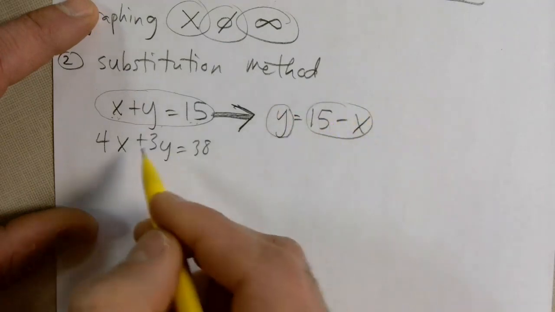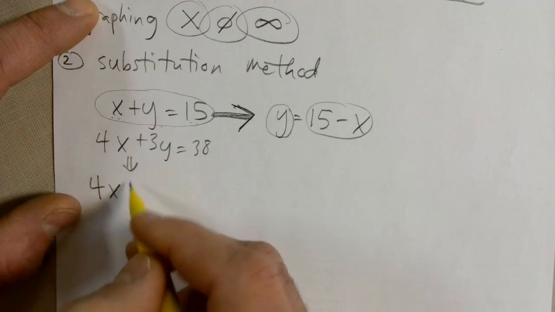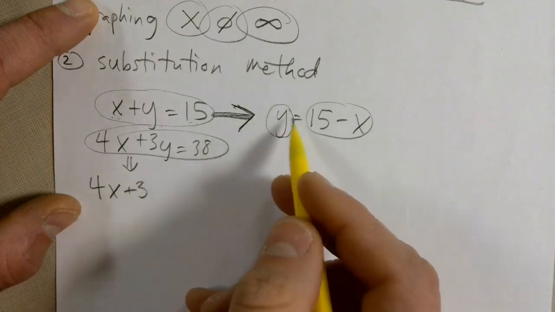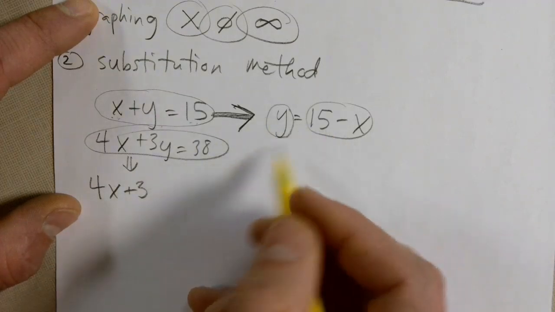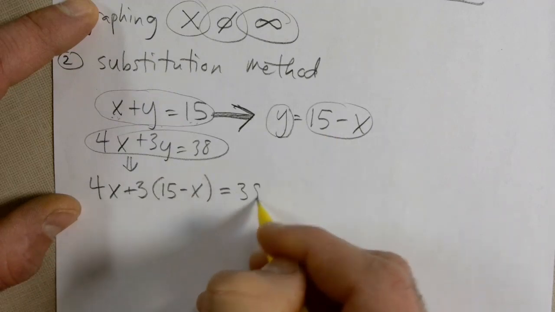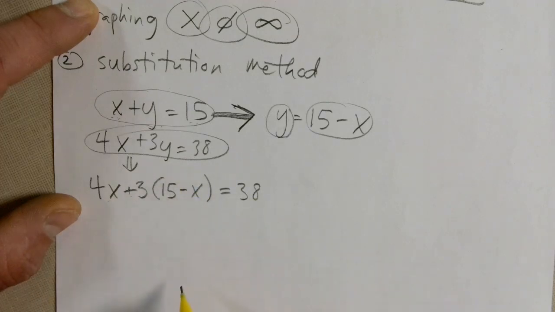Well, 15 minus x. So down here, I'm going to take 4x plus 3y. But instead of the letter y, I'm going to put what y equals: 15 minus x. Notice it has to be in parentheses. 4x plus 3 times (15 minus x) is equal to 38.